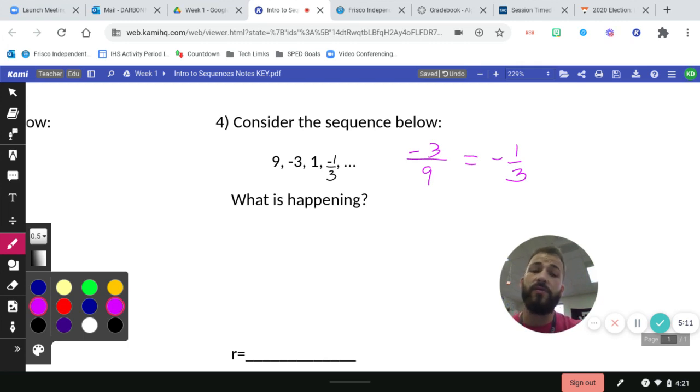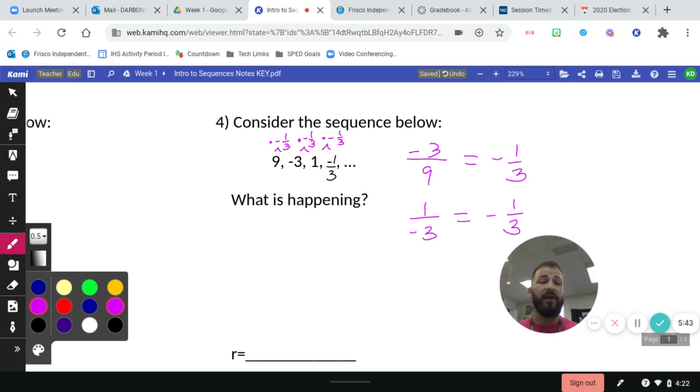Just to check that this holds true for all of my terms, I can take the next two terms and do the same thing. So 1 divided by -3, which is also equal to -1/3. Okay, so the same thing is holding true. So each time I am multiplying by -1/3. And that holds true for my last one because 1 times -1/3 would make it -1/3.